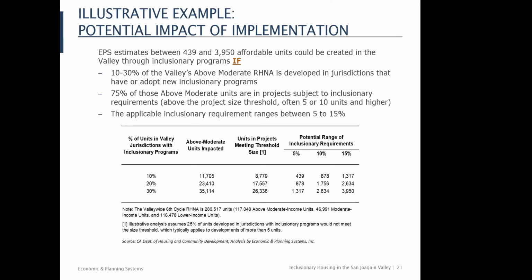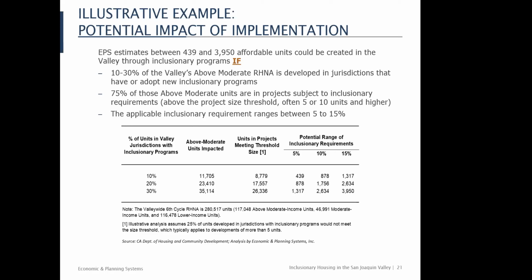And we then took an additional slice, if you will, knowing that most cities that adopt inclusionary programs adopt project size thresholds, something along the lines of projects of 5 or more units or 10 or more units. What that means is that there's a lot of new smaller scale or infill market rate development that would be completely exempt from an inclusionary program, even if a city has a program.